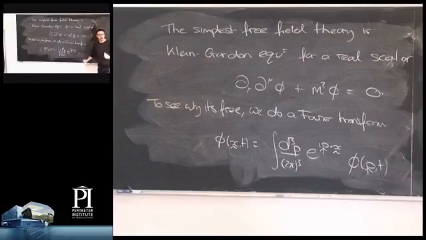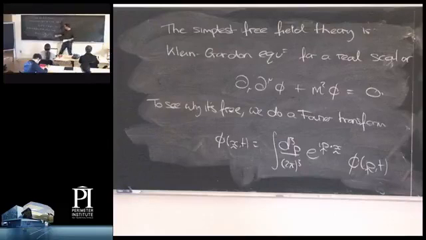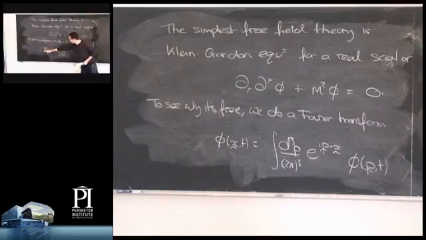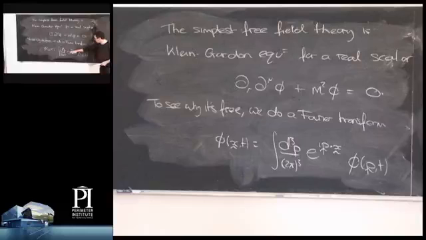It's not pi; it's not the conjugate momentum of phi. It's a 3-vector. It's also not the conserved momentum associated to a field. Given a field configuration phi of x, we can just rewrite it in terms of a new one, phi of p, and they're related in this way.